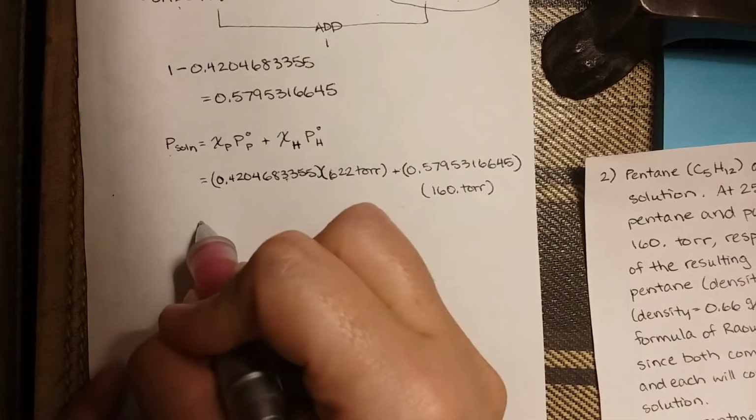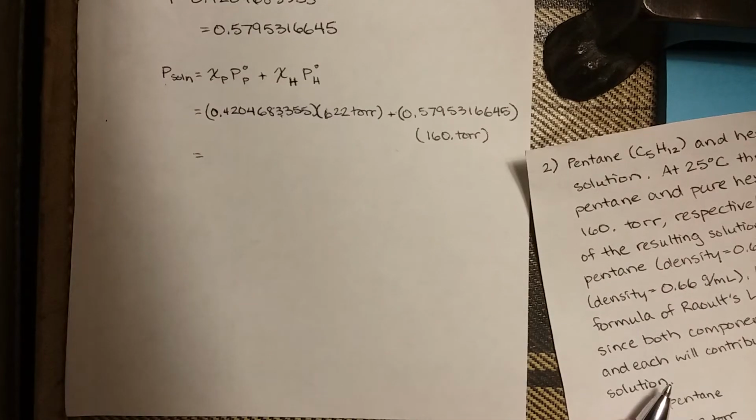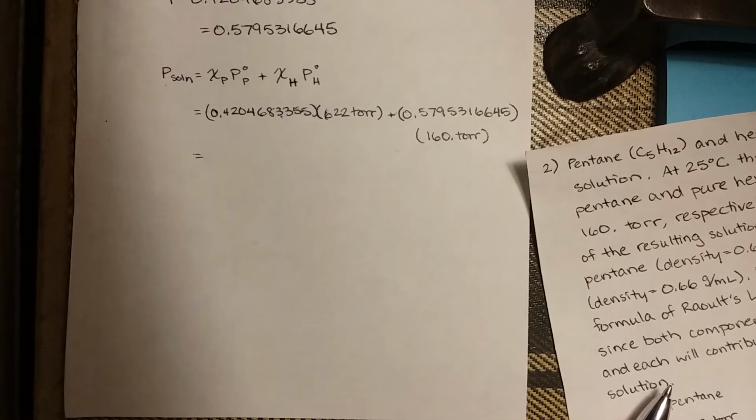Multiply, multiply, add. So that is 0.420683355 times 622 plus 0.579531665 times 160 torr.